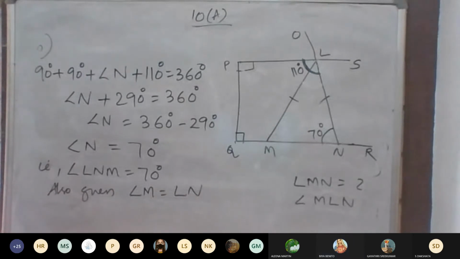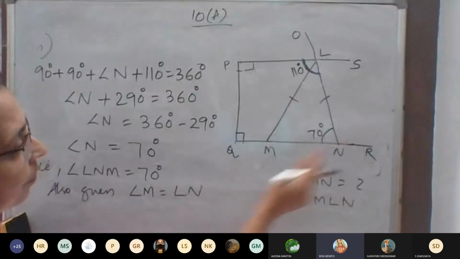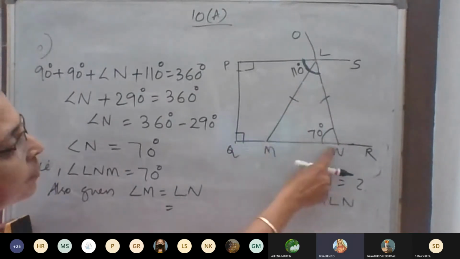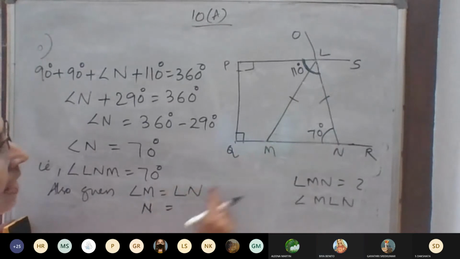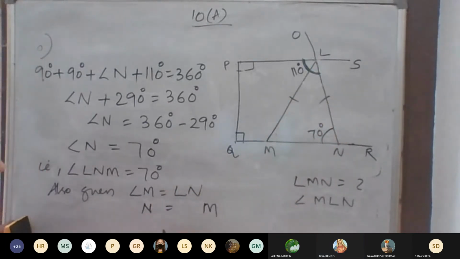So LM is equal to LN means, look at LM, opposite is N. LN means LN opposite is M. So how can we write that? Angle LNM will be equal to angle LMN. Both are equal, no? Yes, ma'am.